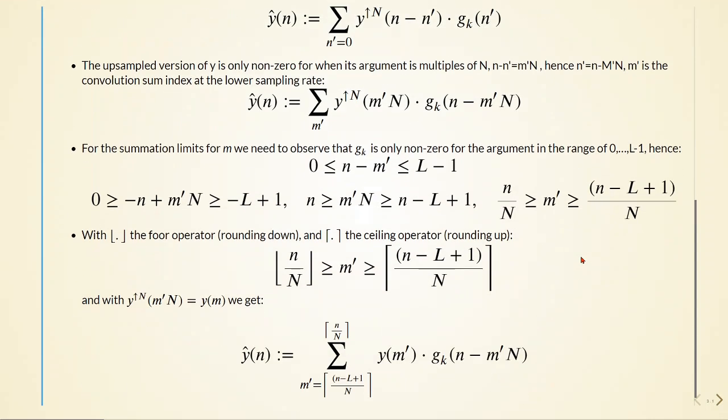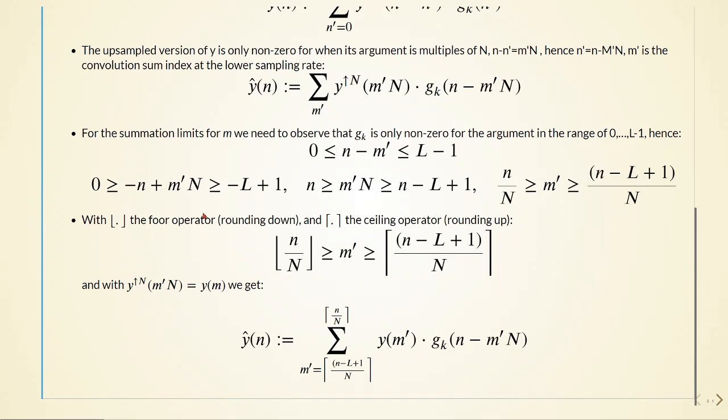So hence we have these conditions here, and we can use the floor operation, rounding down, and the ceiling operation, which means rounding up, and finally we will have this equation here for y hat of n as the sum over m prime of g of n minus m prime times N, and here we have our region of the sum.